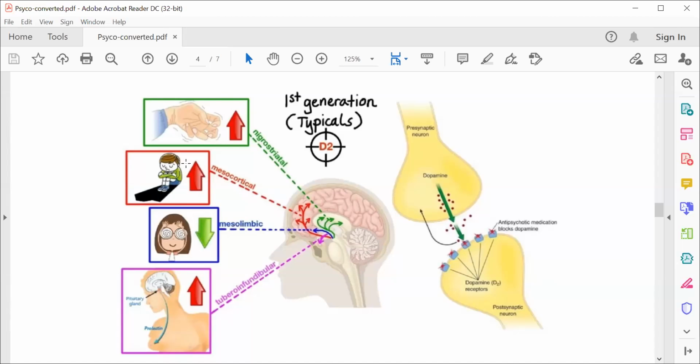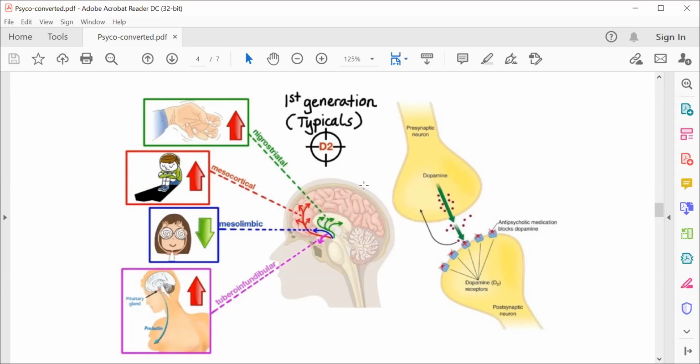But how about the D2 receptors in the other pathways? Here in the mesocortical pathway, as we see here, we said in the disease itself that the decrease of dopamine in the mesocortical pathway leads to the negative symptoms, correct? Yes.